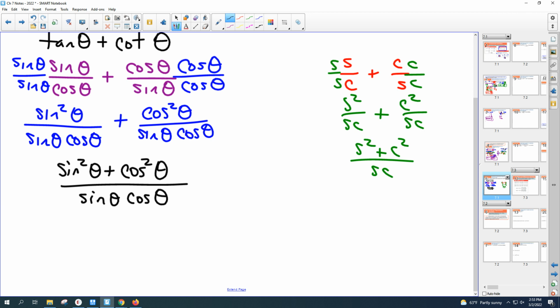Okay. Now, if you can get to there, we're almost done. Now, there's one more thing that we can do. So look at your equations. Look at your equations and see if you can see one pop out.